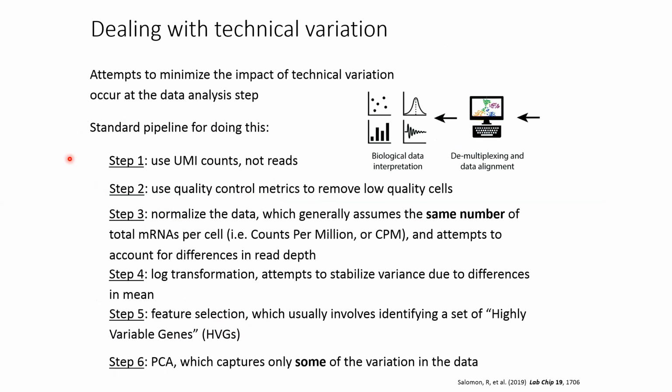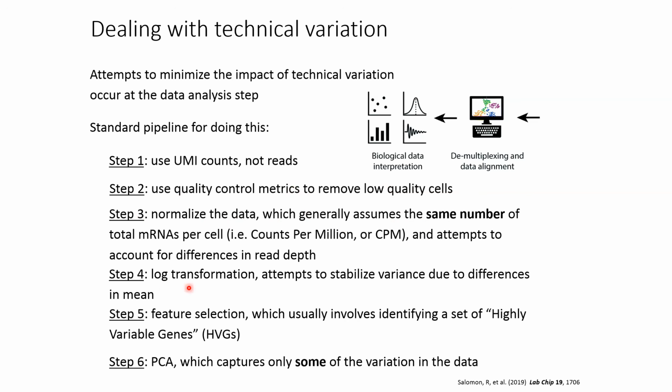So now we've talked about the first 5 standard steps in dealing with technical variation in preparation for cell type clustering. And so to briefly recap, these steps are using UMI counts to avoid amplification bias, using quality control metrics to filter out low quality or dead cells, normalizing the data to account for cell size differences, which may or may not, probably not, affect the capture process.